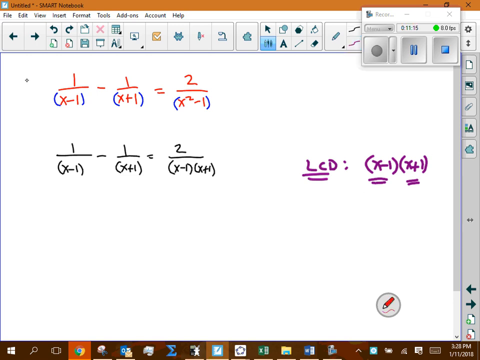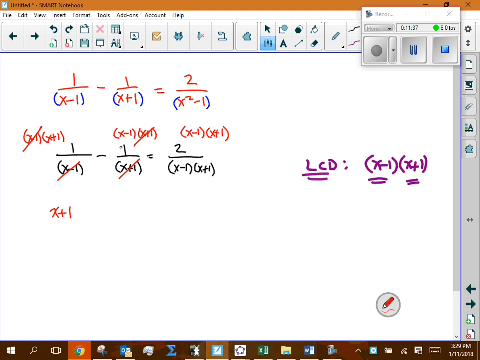Multiply every single thing by that. So x minus 1, x plus 1, x minus 1, x plus 1, and then here x minus 1, x plus 1 again. Those are going to cancel, and now you're left with x plus 1 times 1, which is just x plus 1. Over here, these are going to cancel.